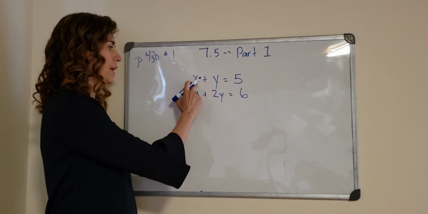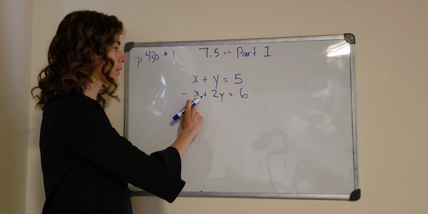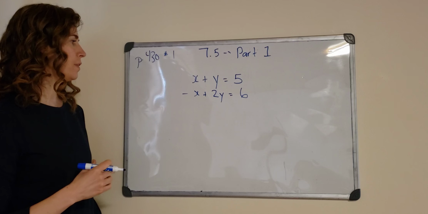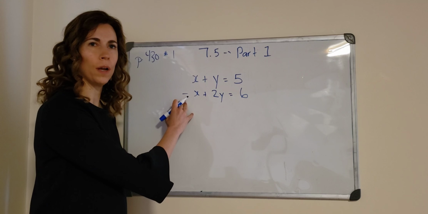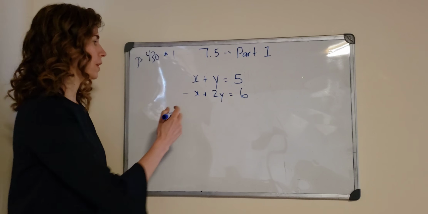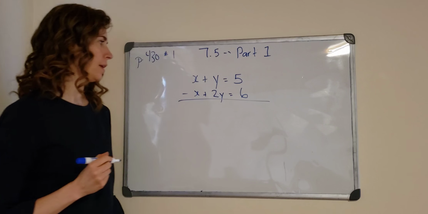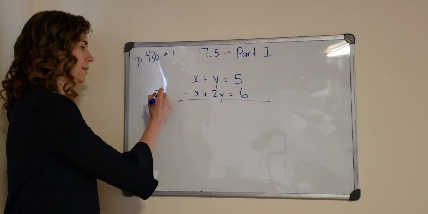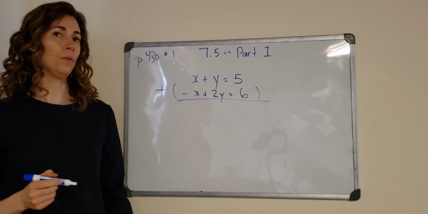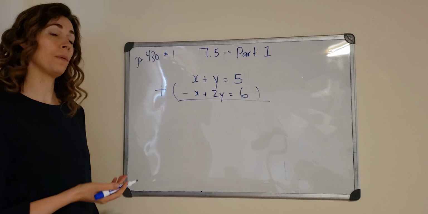You can see that I have an x and a negative x here. So rather than maybe multiplying this all by -1 to get it to be the same, something really neat is if you already have it set up like this, if you added these two, you would eliminate the x right away.